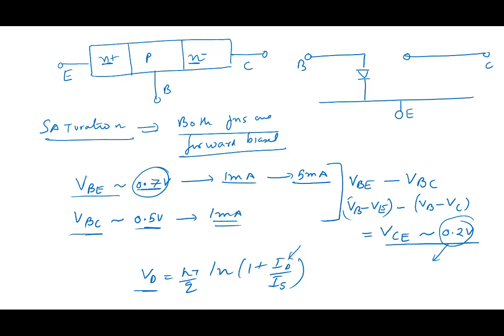So in saturation region, you think of the transistor like this, roughly, 0.2. Some people call this, instead of VCE, VCE saturation. This VCE sat is about 0.2. If you want to be accurate, you can write VCE sat here.